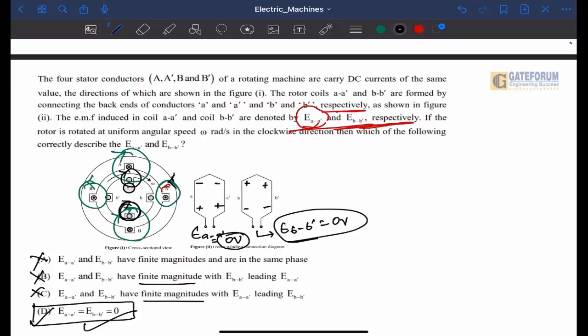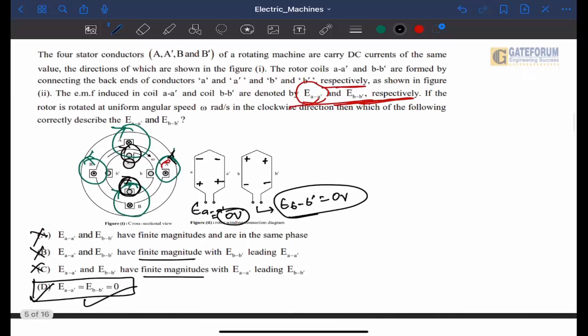This question was from the fundamentals of DC machines. If you understand how conductors carry current and how EMF gets induced in a rotor conductor due to the stator field, then any student can answer this question. But we have to understand the fundamentals of DC motors.